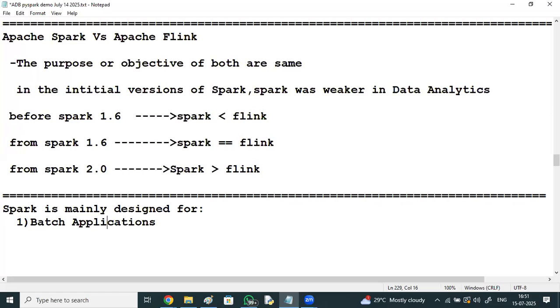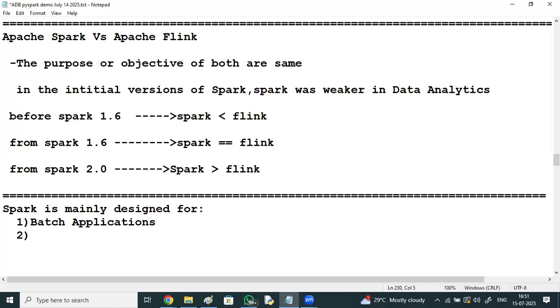Online applications means user interactive applications. It is mainly designed for batch applications, where bulk, millions and trillions of records are involved. User non-interactive applications we call batch applications.